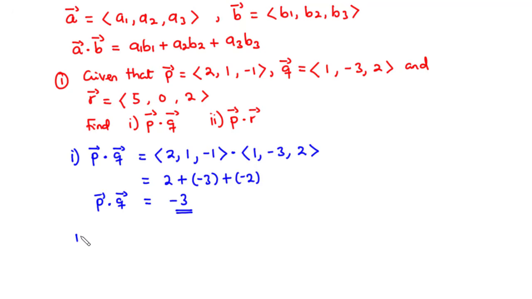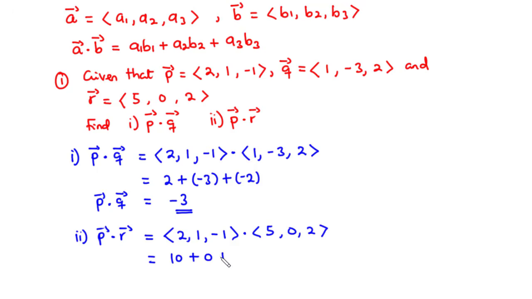Now let's solve for II. That is vector P dot vector R. Now we have the components of vector P to be 2, 1, -1, and that of vector R to be 5, 0, 2. 2 times 5 is 10, plus 1 times 0 is 0, plus -1 times 2 is -2.